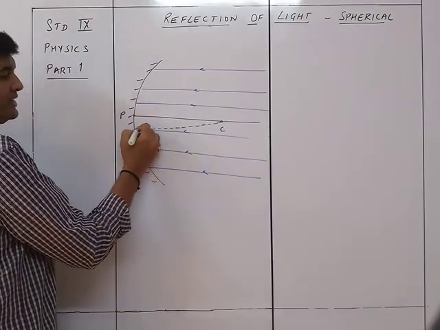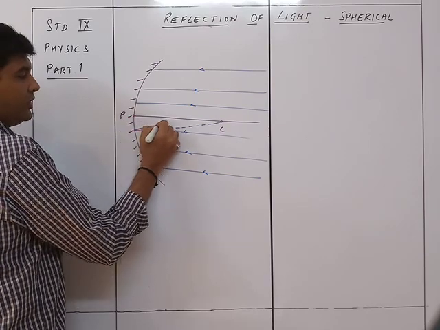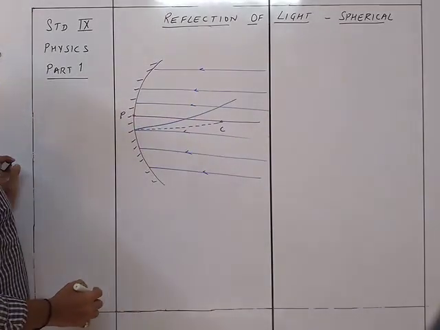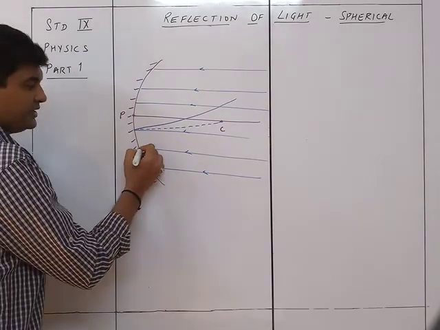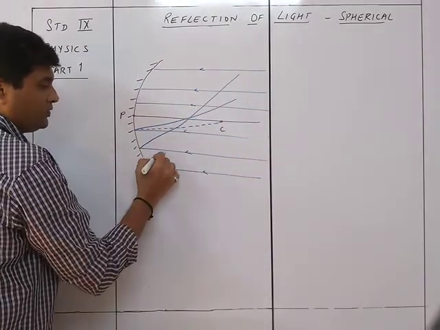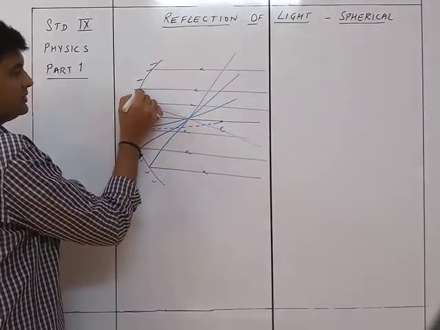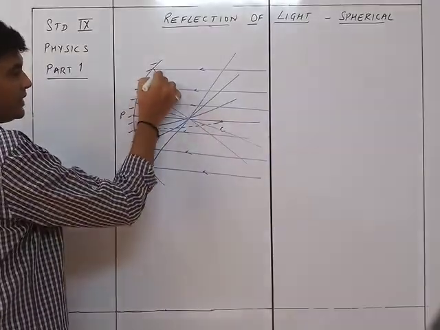So this angle of incidence will give me an angle of reflection, and accordingly it is going to come out like this. Similarly for this also, it is going to come out like this. This one, this one, this one, and this one come out like this.